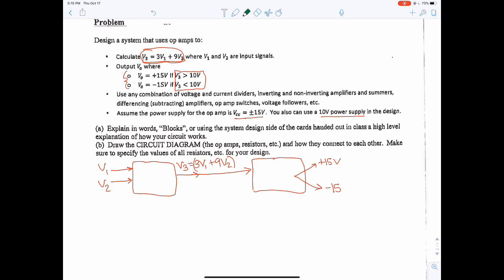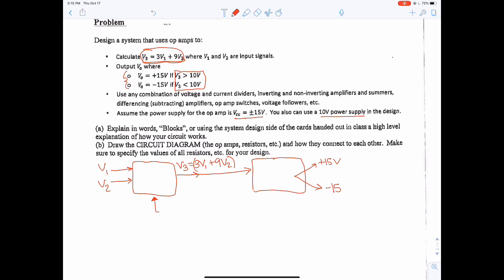So in order to achieve this, we know we have an inverting circuit. For an inverting op-amp, we have a non-inverting op-amp, but that only has single inputs. We have a voltage follower, which also only has one single input.